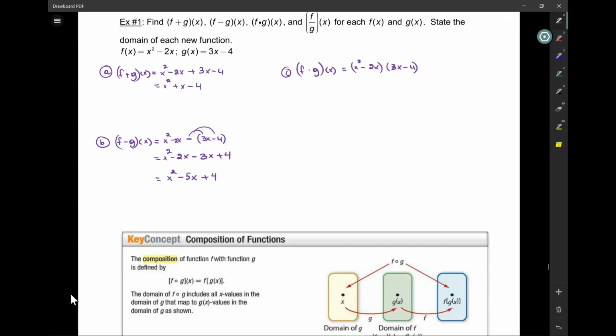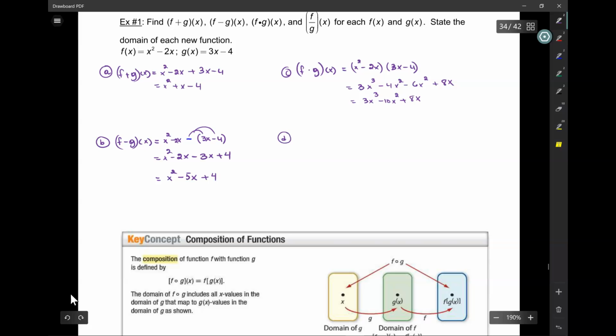And just multiply it out just like you did in Algebra 1, Algebra 2, all of that time. And when you do that, what do we get here? 3x cubed minus 4x squared minus 6x squared plus 8x. And that is 3x cubed minus 10x squared plus 8x. Leave some space. We're going to go back and do domain in a little bit.